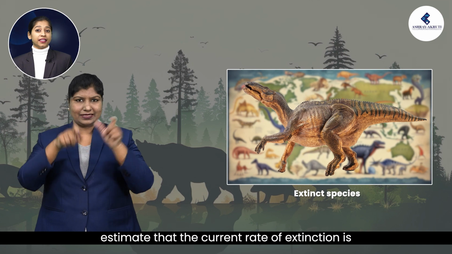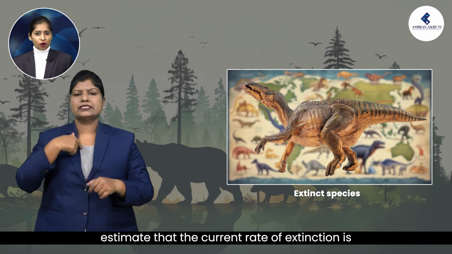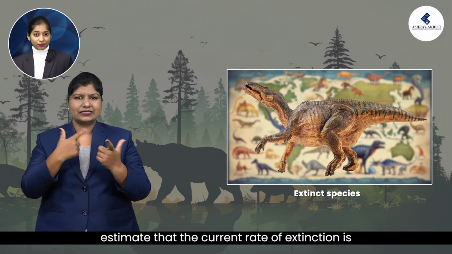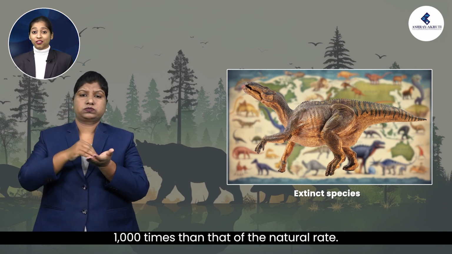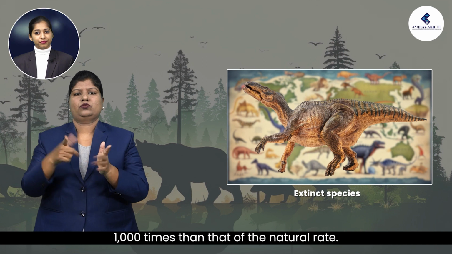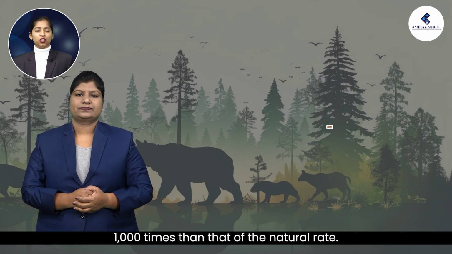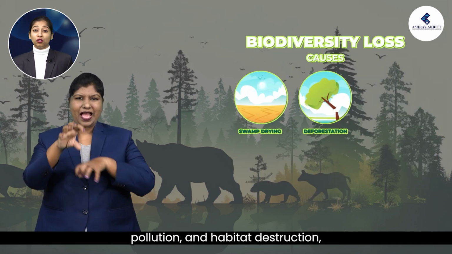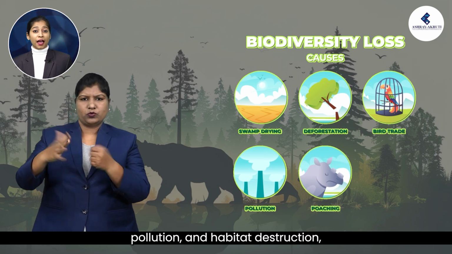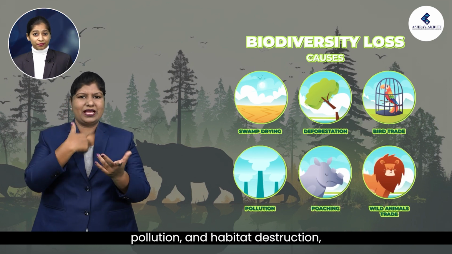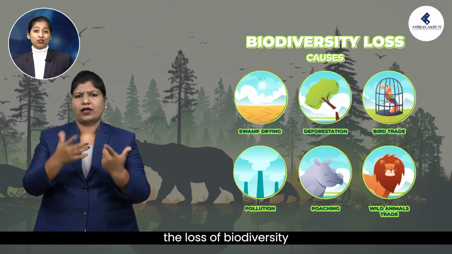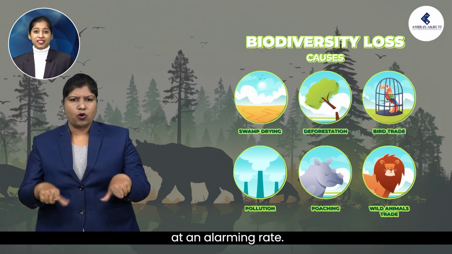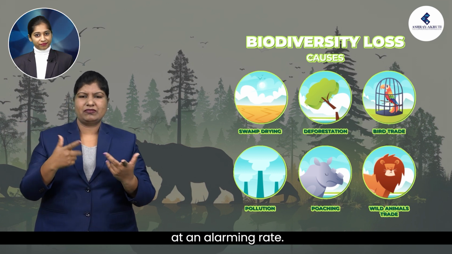Scientists estimate that the current rate of extinction is 1,000 times that of the natural rate. Through hunting, pollution, and habitat destruction, people are speeding up the loss of biodiversity at an alarming rate.